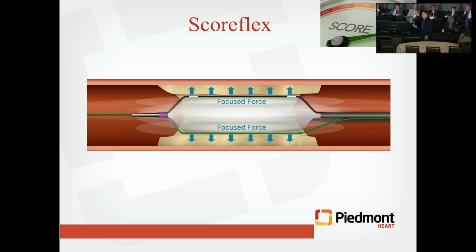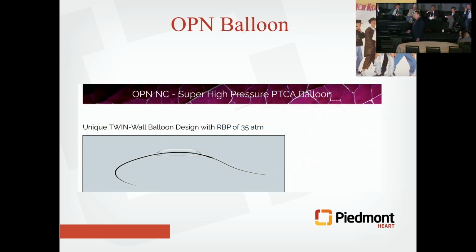I'm just not a huge fan of it, but that's another option for people. It's got a really short RX on it. And then of course the OPN balloon, the new kid on the block, if you will. This is a high pressure balloon that can go up to 35 atmospheres. This is not approved for the periphery, I believe. I believe it's only coronary, but of course, we're used to using things off label. So you can use this down there if need be. Just be careful, it is 35 atmospheres of pressure.